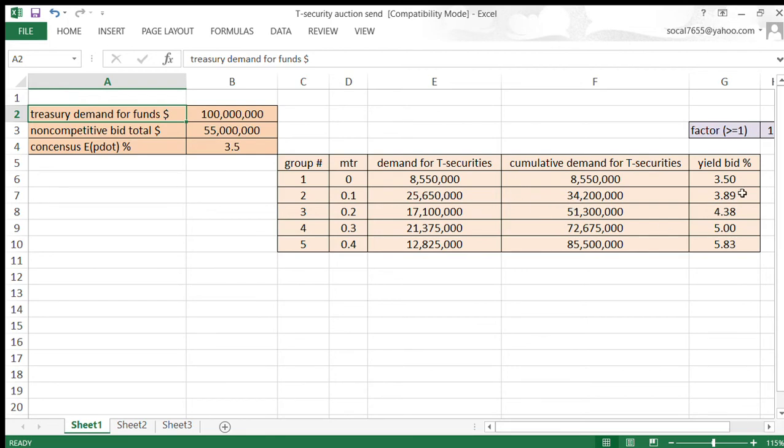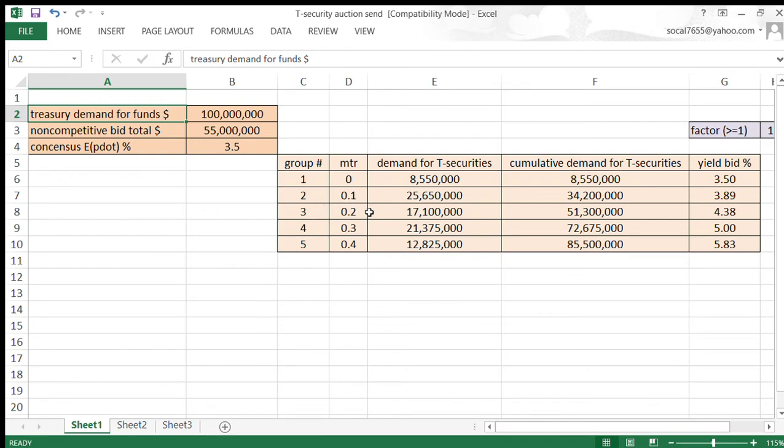And let's look at the yield bid. Well, if the marginal tax rate is 0, then they can accept a bid of 3.5%, and because they don't pay any tax on this, the 3.5% will be exactly equal to inflationary expectations, and hence they'll come out okay.